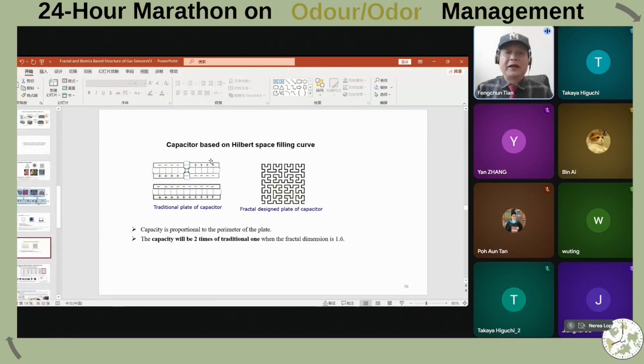So this is one capacitor based on Hilbert space filling curve proposed by other people, and it has been found that the capacity will be 2 times of the traditional one, or even bigger.